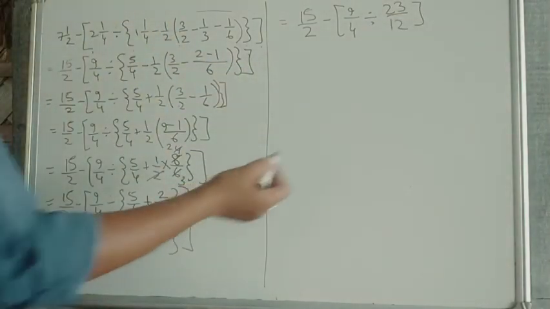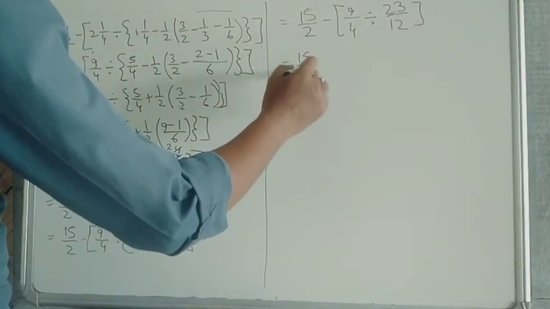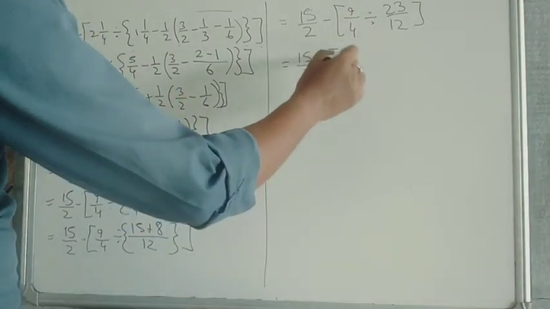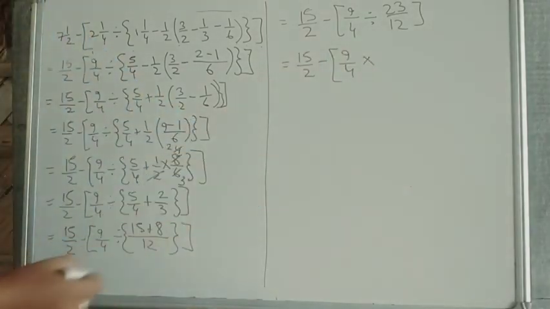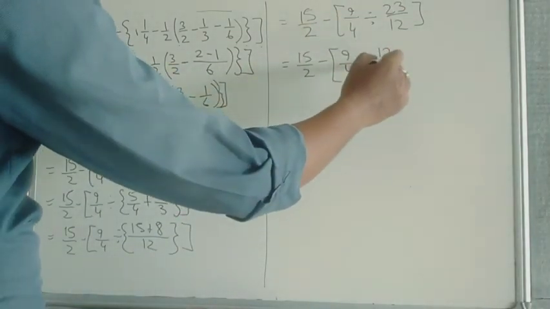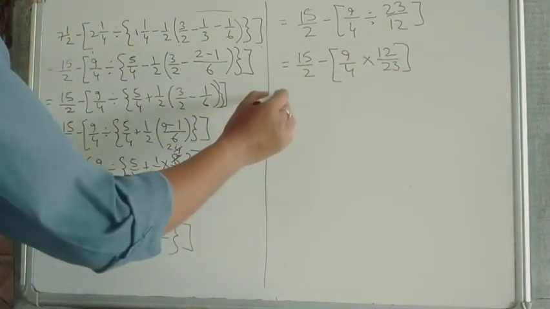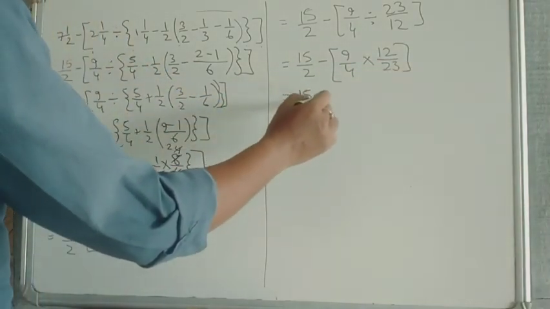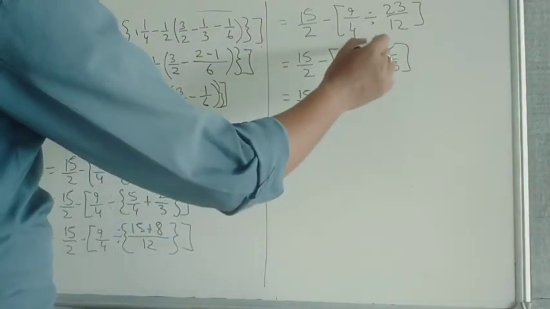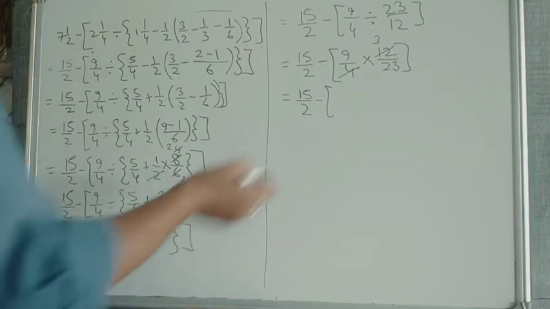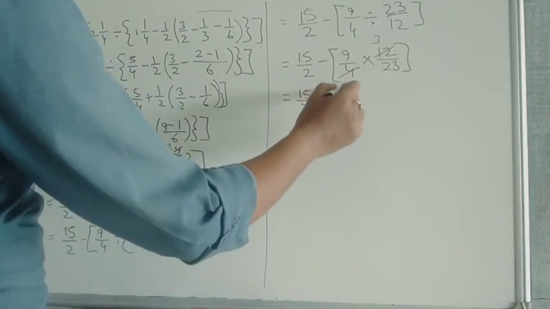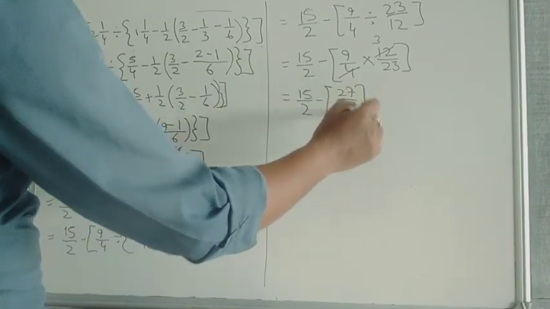Now this bracket is gone. Now this divide will make it into multiply. Whenever divide becomes multiply, this gets reciprocal. Now we will do multiply. So we can cut this one. 4 3 is 12, and we cannot cut more than this. So 9 3 is 27 by 23.